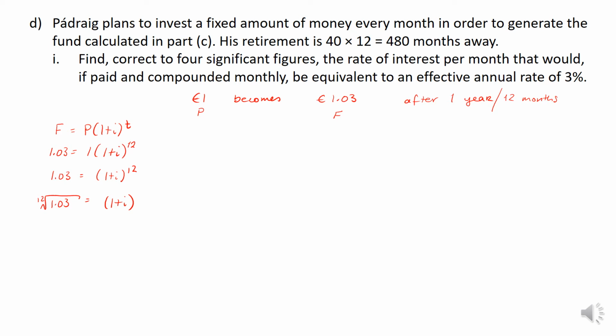Indeed, you don't need those brackets there at all. Okay, and to solve for I, we'll take 1 from both sides, and the next line would look like this. 1.03, its 12th root, subtract 1 will give me I. So you can do that on the calculator.